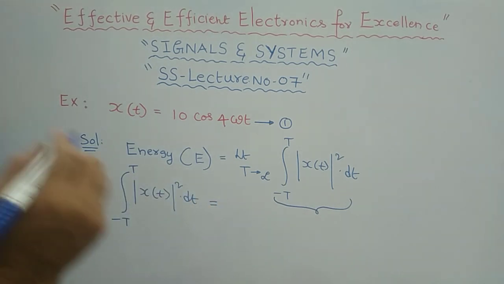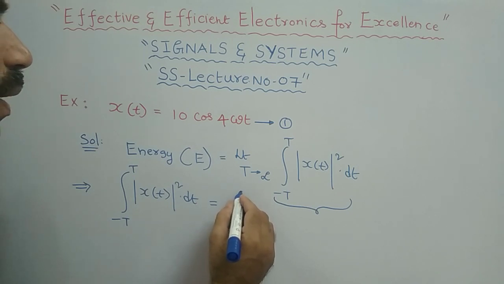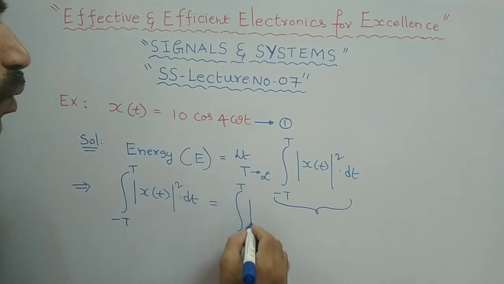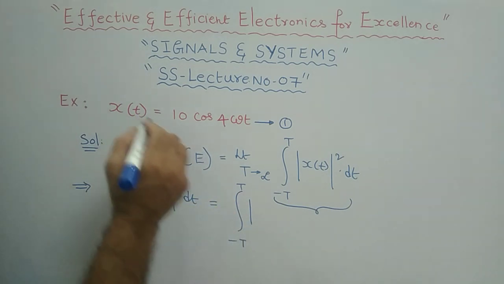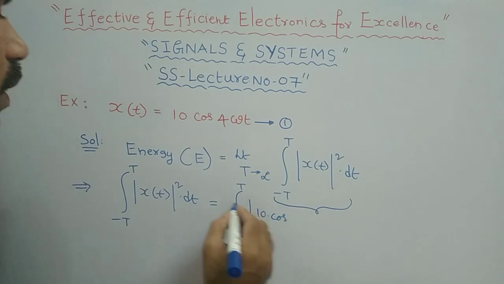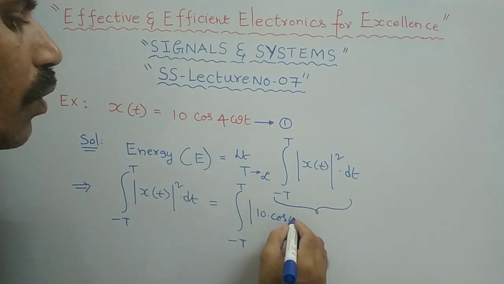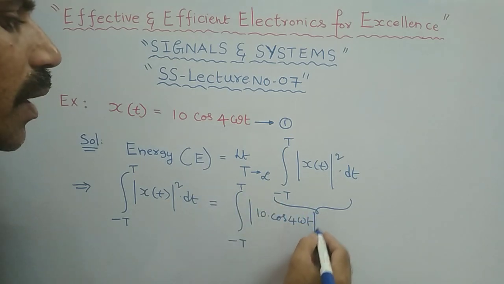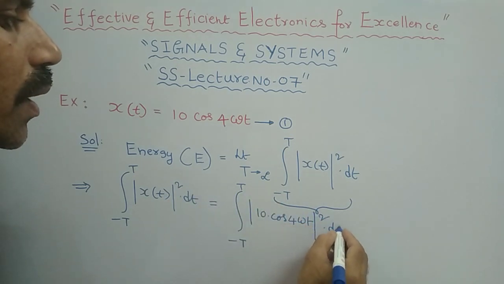This is nothing but the integral from minus T to T of magnitude of x of t, where x of t is equal to 10 into cos 4 omega t. This is your x of t. Now square this magnitude, into dt.